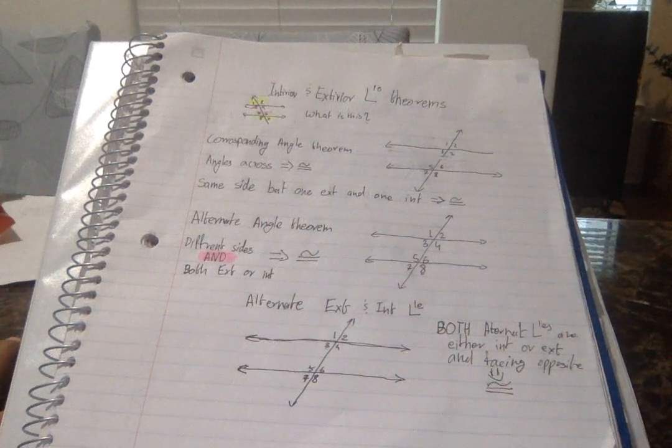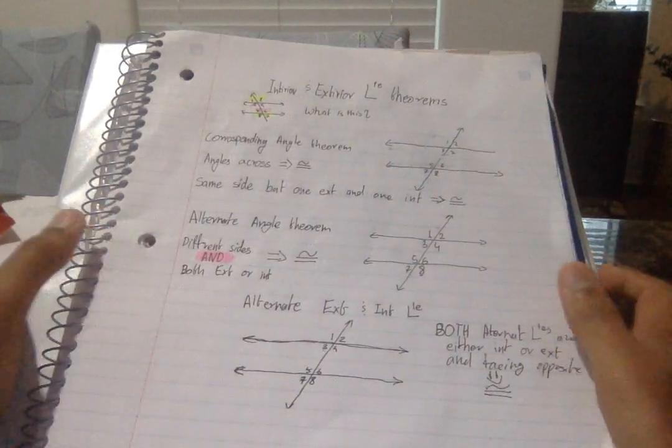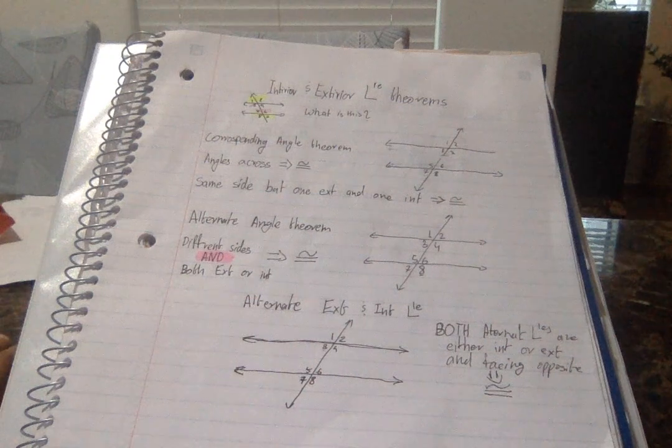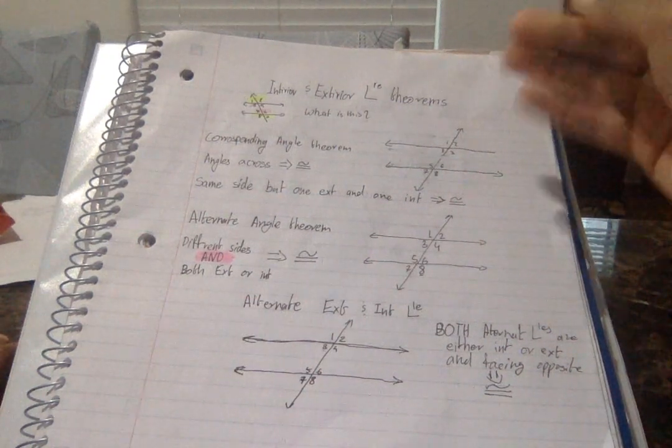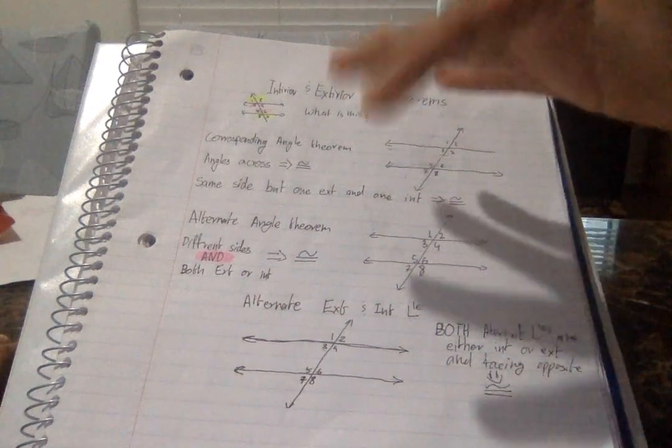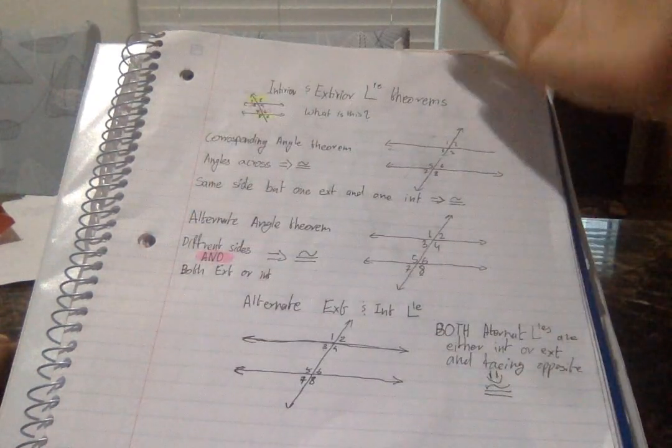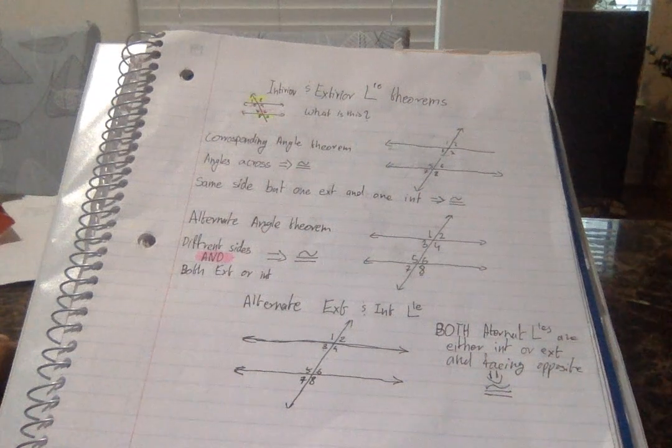Okay, first theorem. Corresponding angle theorem. So, what this means is if the angles are across, that means if they're like this to each other, like this, then they are congruent.